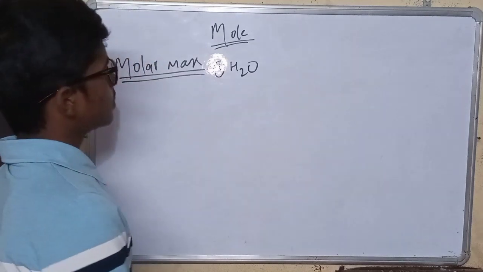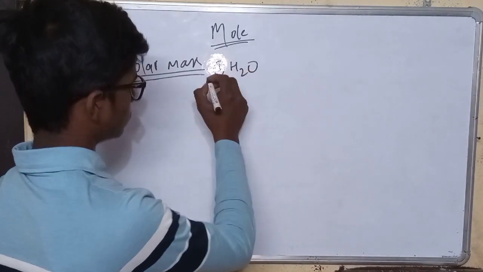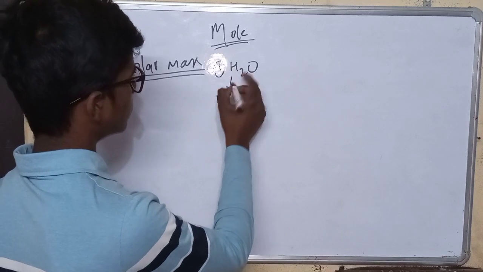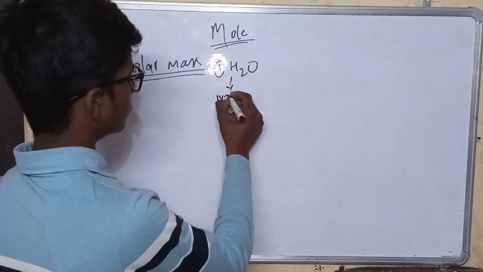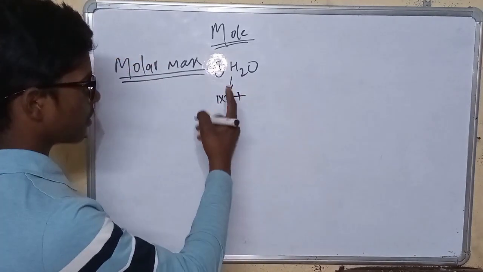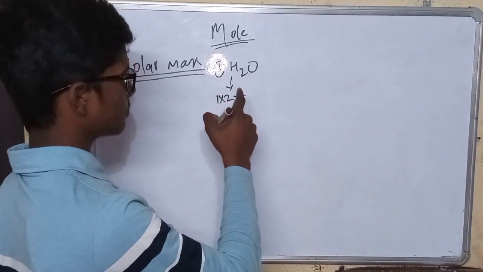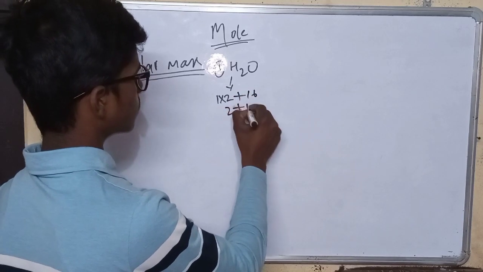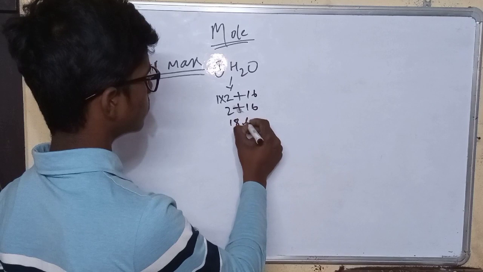As we know, hydrogen's mass is 1 and there are 2 atoms, therefore we multiply by 2 and add the mass of oxygen. Oxygen's mass is 16. So 2 plus 16 will be 18 u.